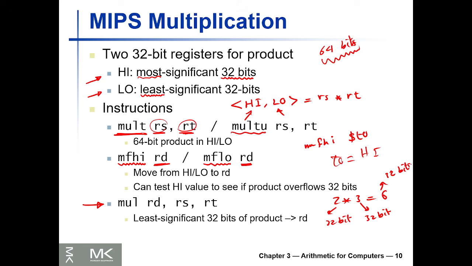Of course, they are only a few bits, but still, if you have a register T0 equal to 2, and a register T1 equal to 3, and you want to save the result in, for example, S0, so S0 will be 6, and there is no overflow or anything like this. So here, RD will be the destination, and the multiplicand and the multiplier are RT and RS.